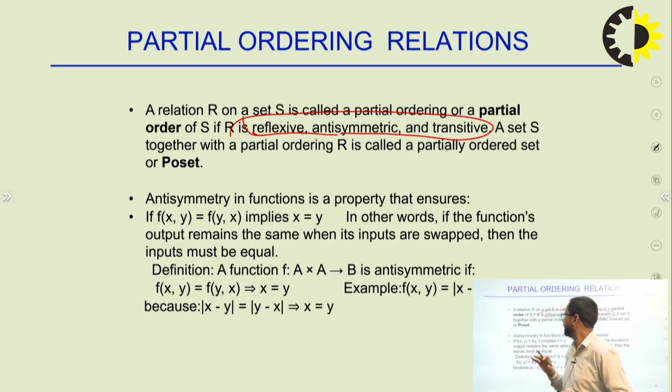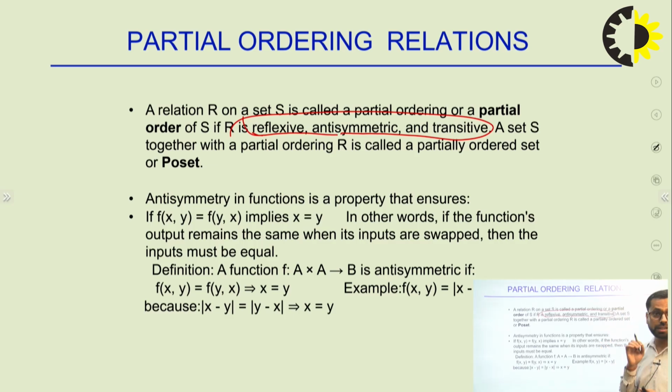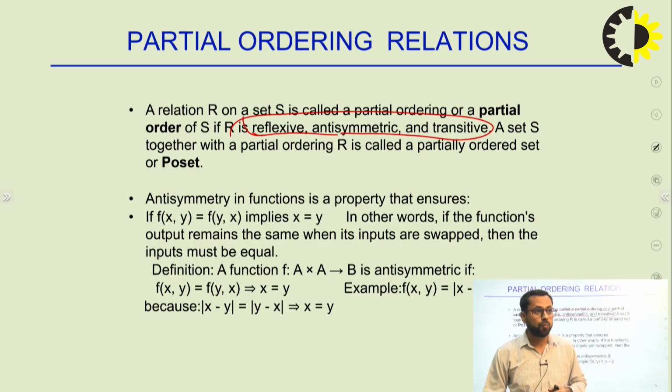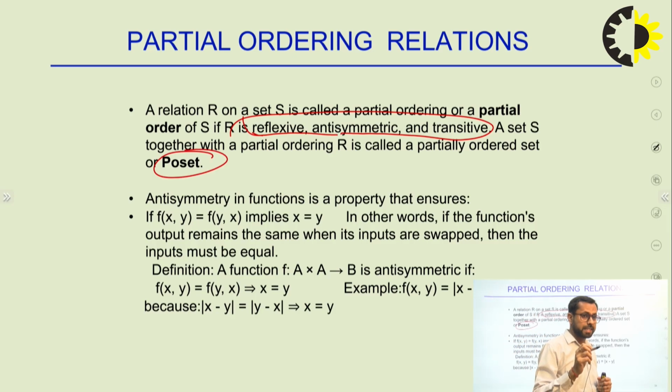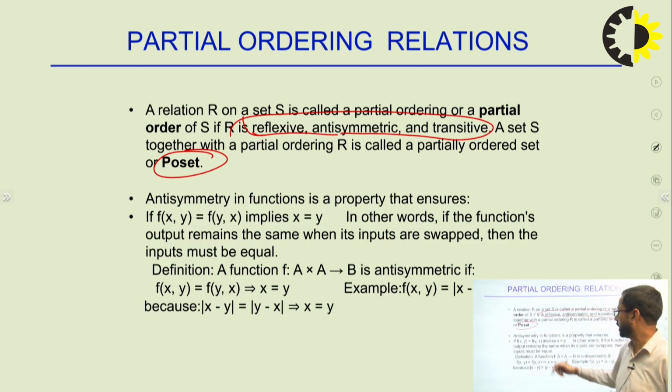If these three properties, that means reflexive, antisymmetric and transitive, are satisfied in the relation diagram, we can say that it is a partial order relation, in short a Poset. A set S together with a partial ordering R is called a partial order set, and it is known to be a Poset.